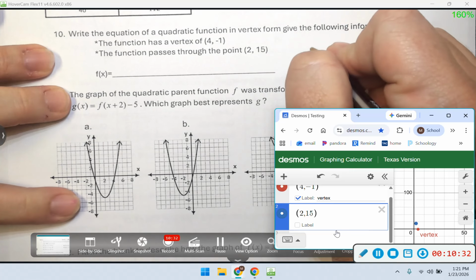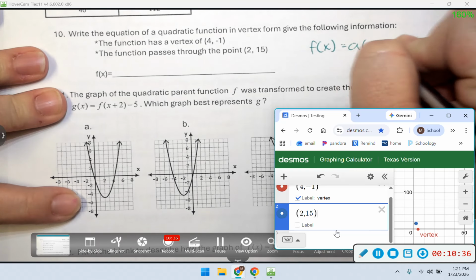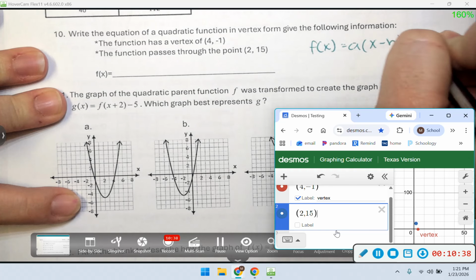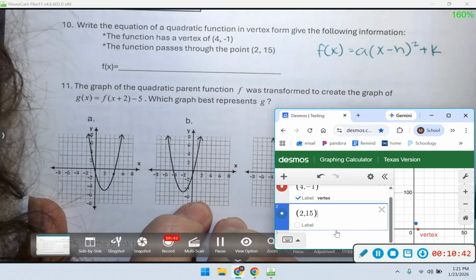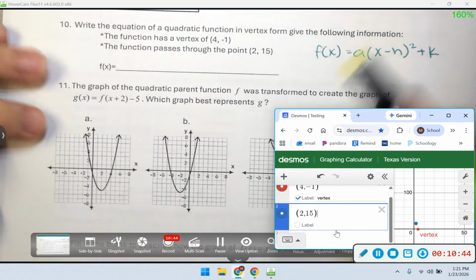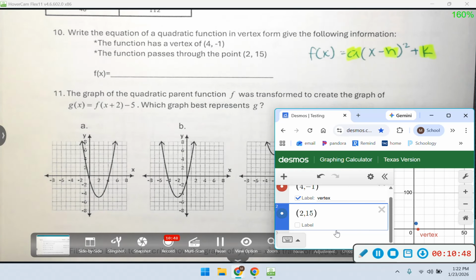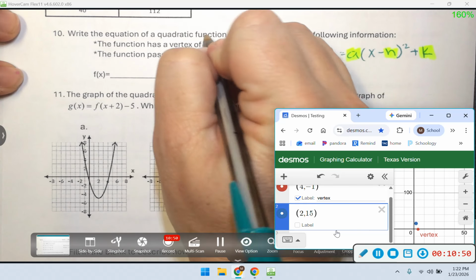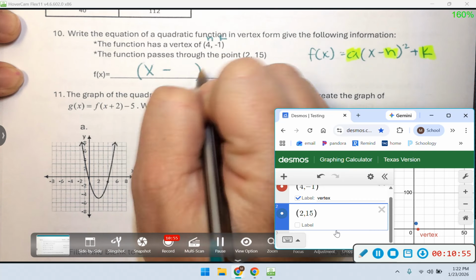We know our vertex form is f of x equals a(x minus h) squared plus k. And I know I have to replace 3 things. I have to replace a, h, and k. And I also know that h and k are my vertex.